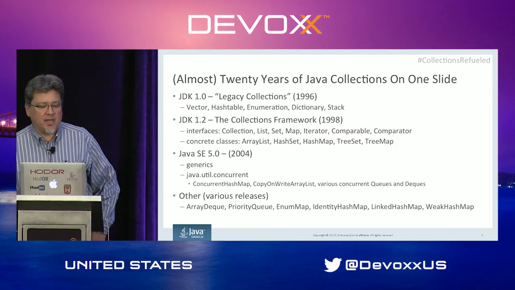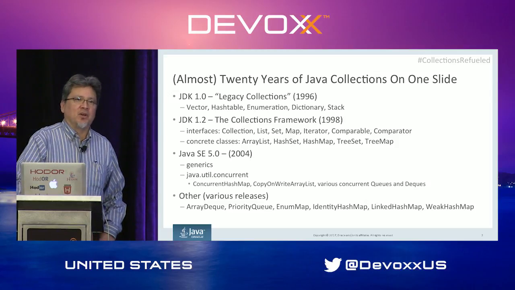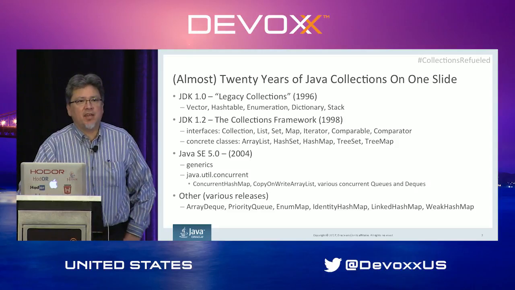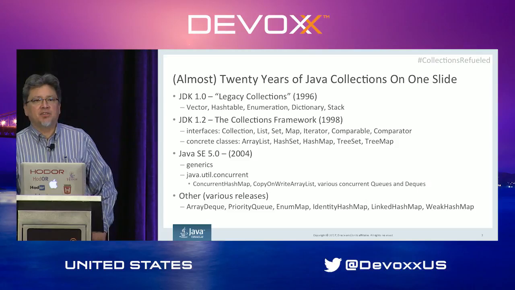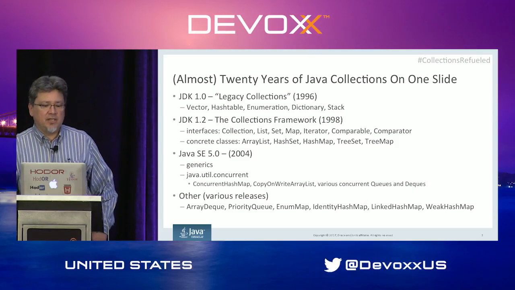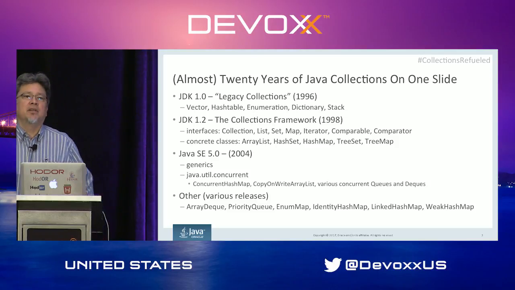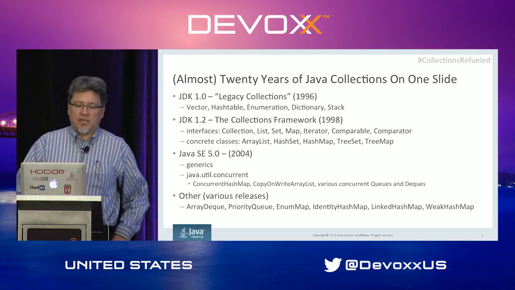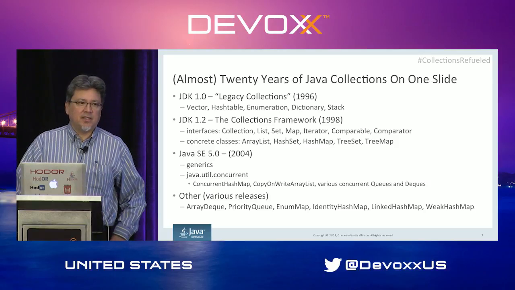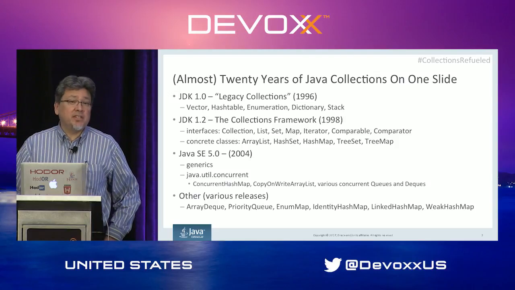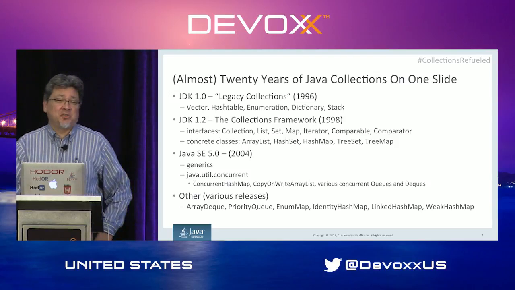There were the old things, Vector and Hashtable. But those were replaced in JDK 1.2, and that's the collections framework that we're all familiar with: the interfaces Collection, List, Set, Map, and so forth, and the concrete classes to back them up, the usual suspects, ArrayList, HashMap, HashSet, and so forth. Those were introduced in 1998, so that was 19 years ago.